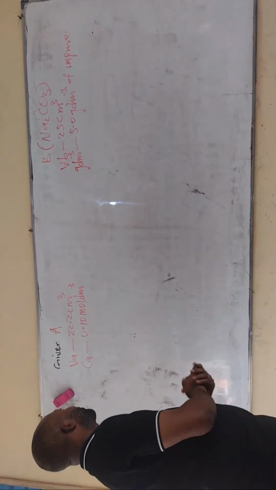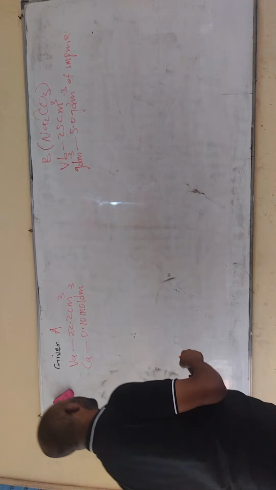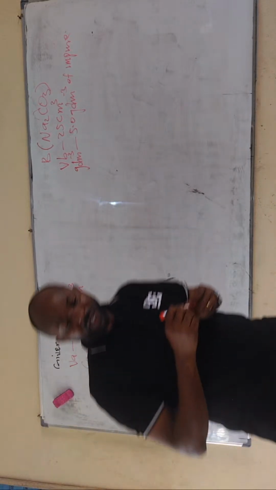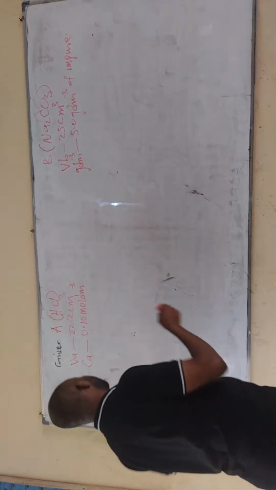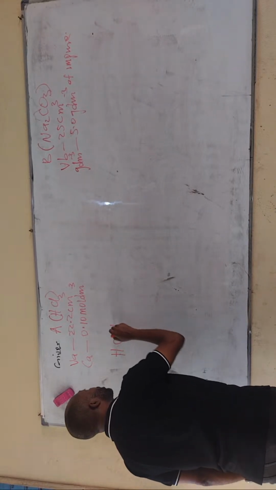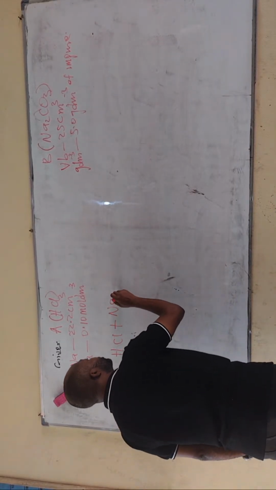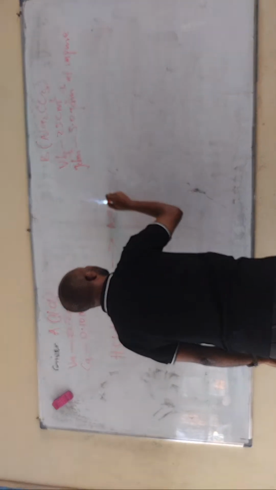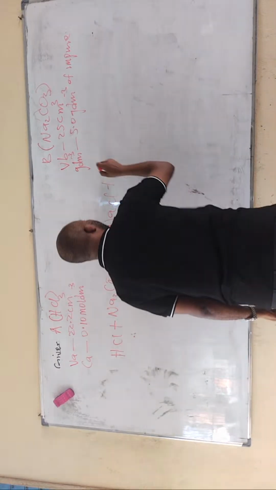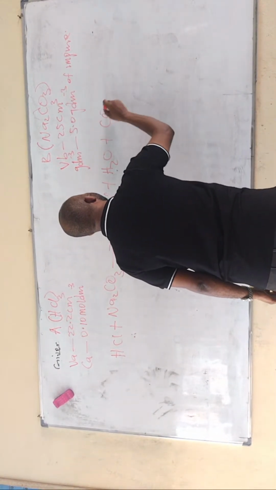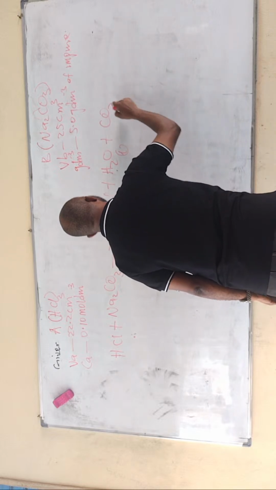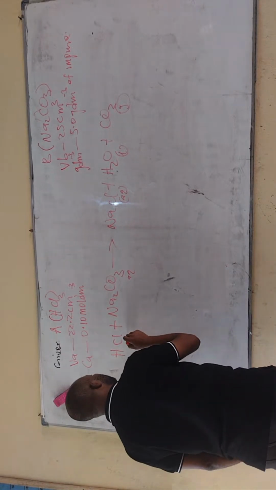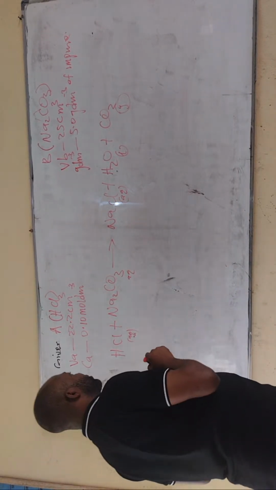Before we move further, we're going to balance our equation. This was HCl. Let me be certain. Yes, HCl. So we have HCl plus sodium trioxocarbonate(IV), which gives us sodium chloride plus water plus CO2 gas, with the states gas and aqueous. Let's see if our equation is balanced.